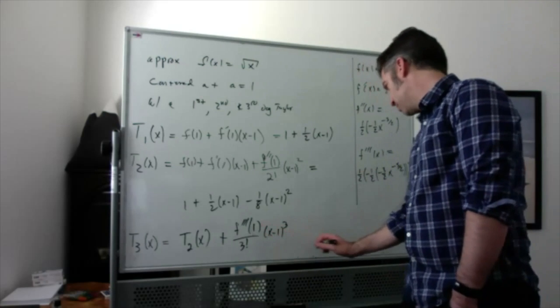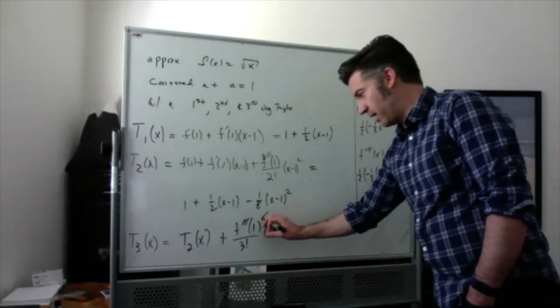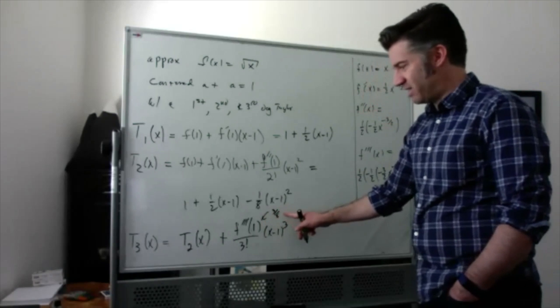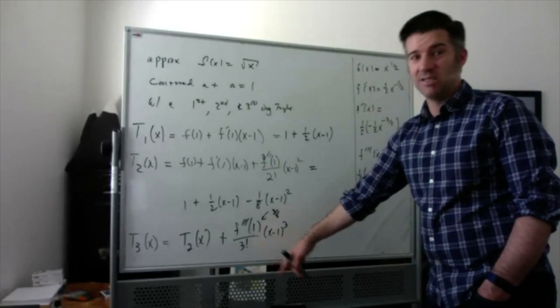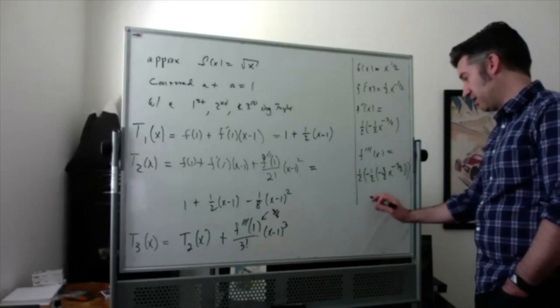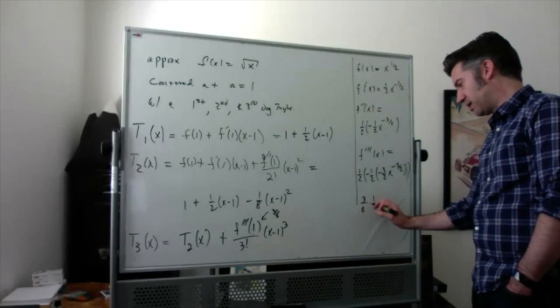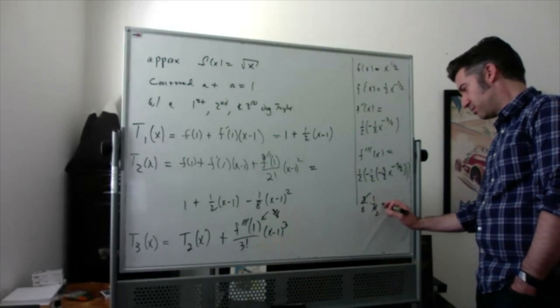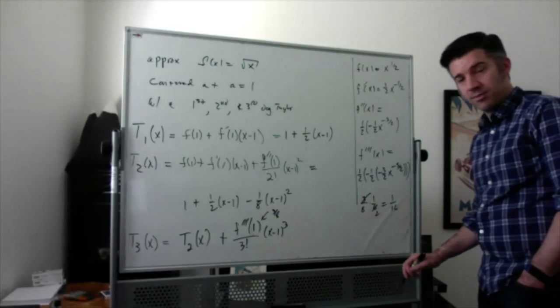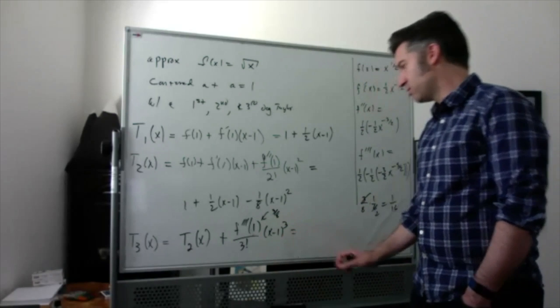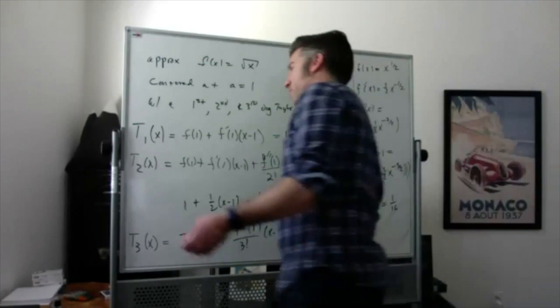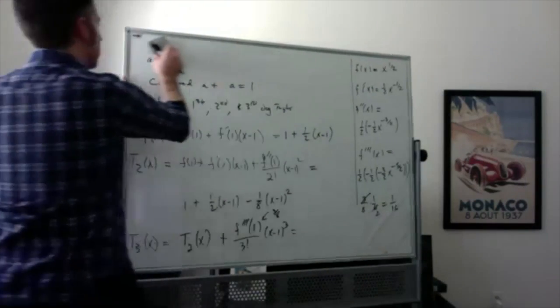And 3/8 divided by 6 is going to be 1/16.